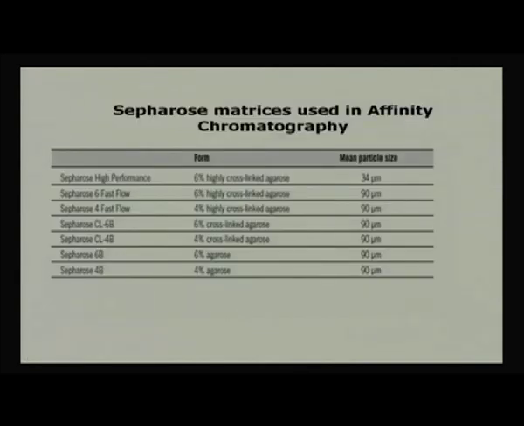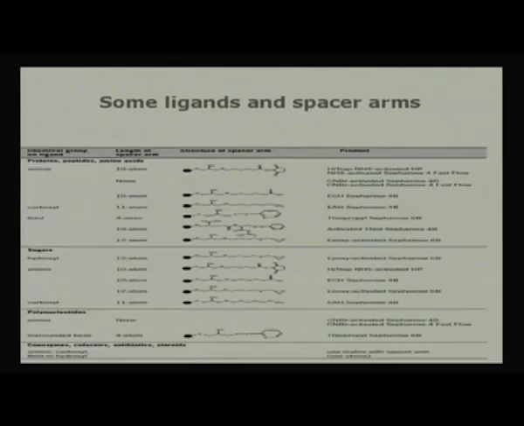Some of these matrices are already available in the market, which are generally used for this type of chromatographic application. Now, to avoid the steric hindrance, sometimes we use a spacer arm.